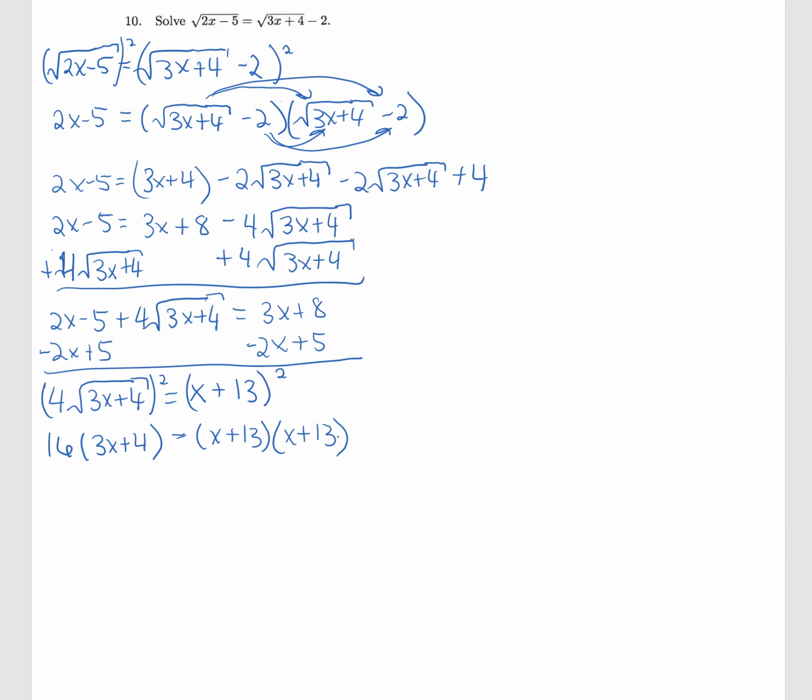Okay, I'm going to multiply this 16 into the brackets, so 16 times 3x gives me 48x. 16 times positive 4 is a positive 64. And on the right side, x times x is x squared. x times 13, 13x. 13 times x is another 13x. 13 times 13 is 169.